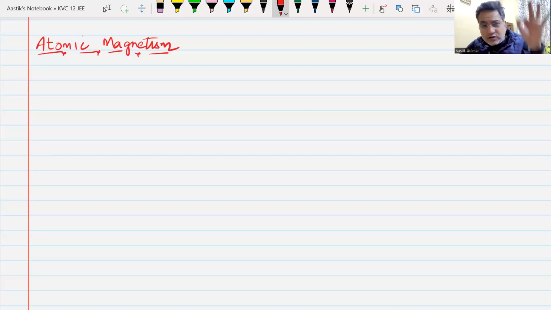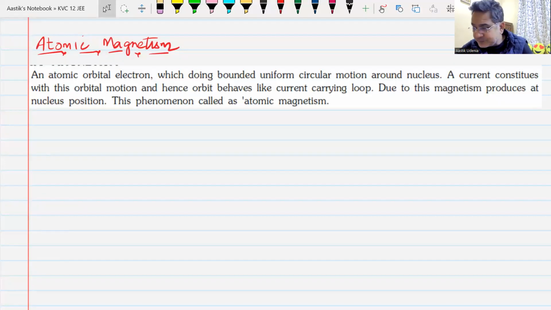This charge moving in orbit makes it current, and because of this charge moving in a circular orbit, it can be treated as a current carrying loop, and therefore it will exhibit all the properties of a current carrying loop. Because of this current carrying loop, this will exhibit magnetism, and this phenomenon is known as orbital magnetism. Do we understand this? Yes, sir.